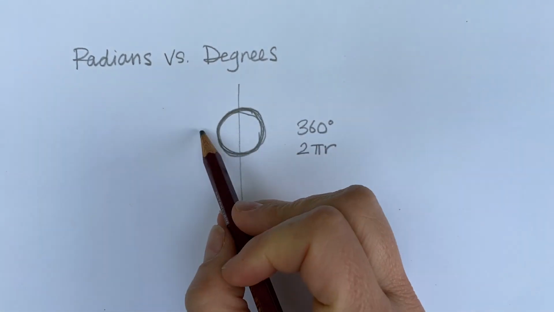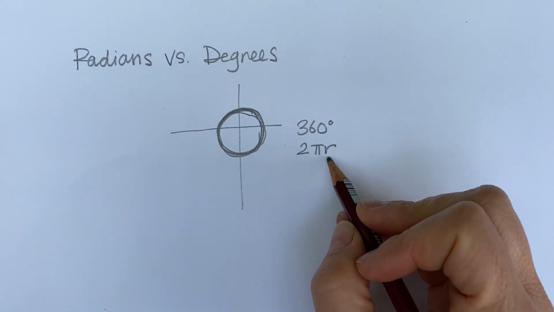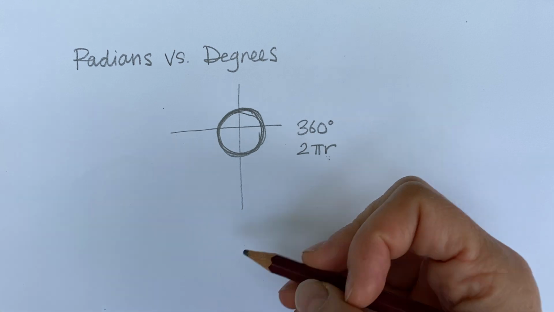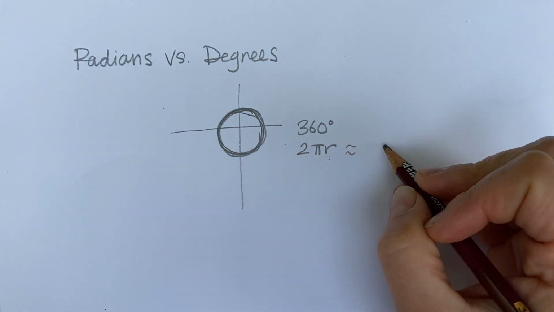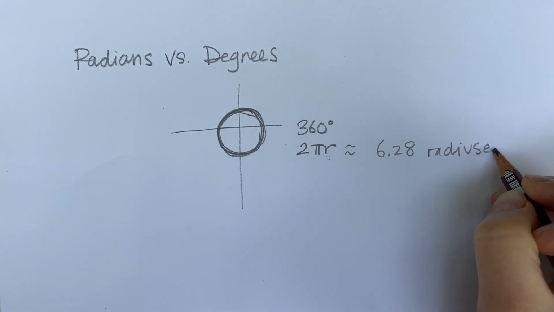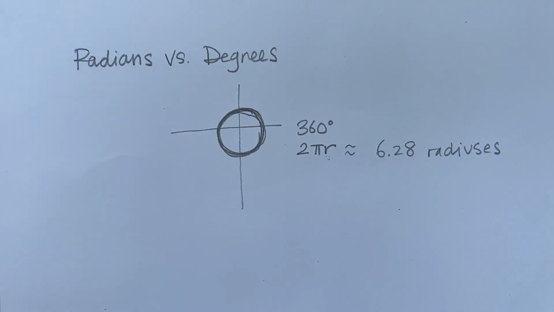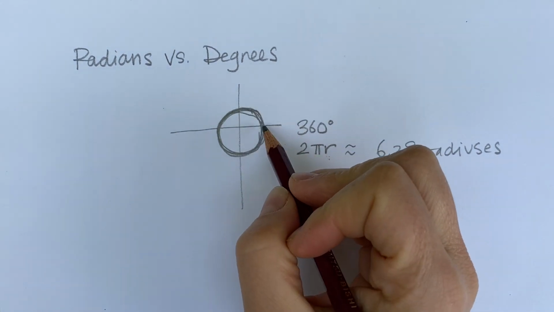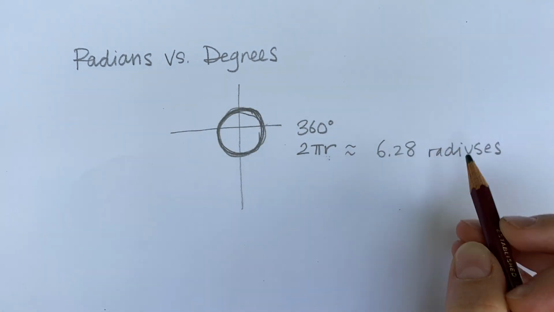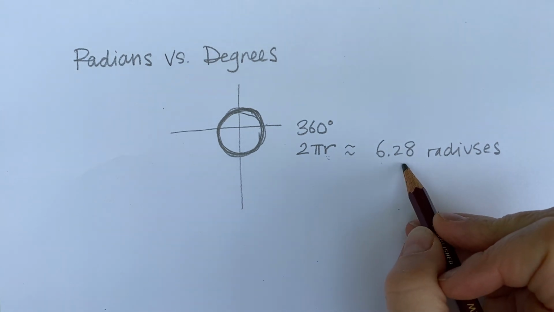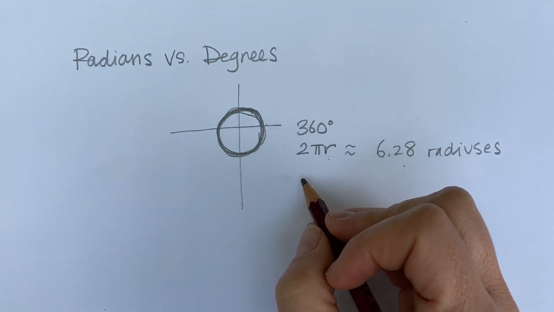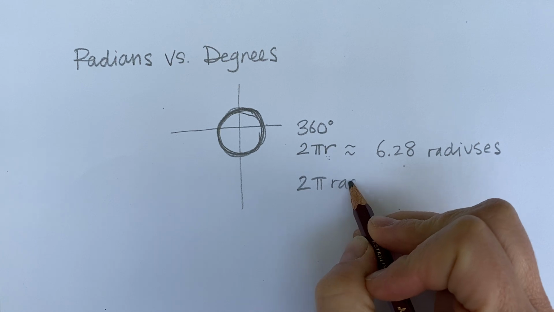But 2 pi r, if we think about pi as being approximately 3.14, is approximately 6.28 radiuses around the circle. So then, if we think about a radian as being defined as the angle made as you wrap a radius around a circle, you would have 6 and a little bit radiuses, or in a circle you would have 2 pi radians.